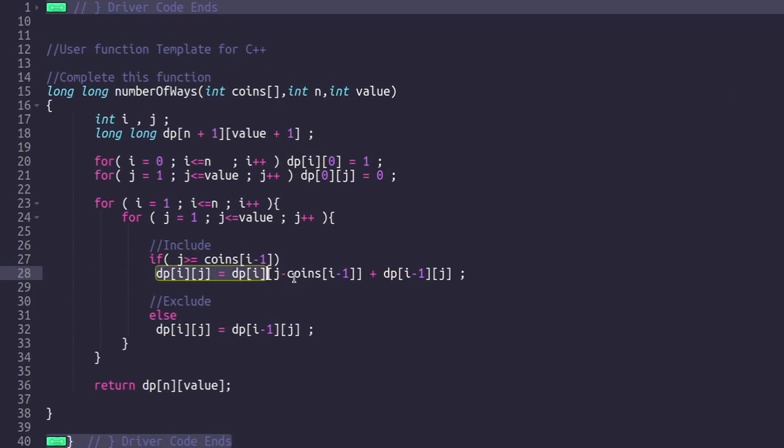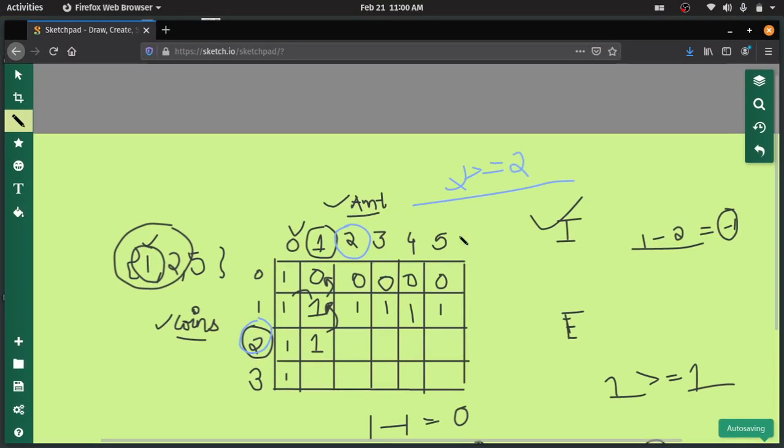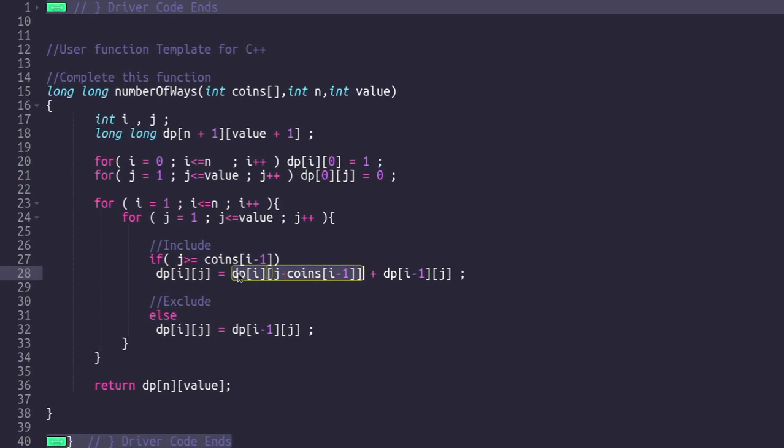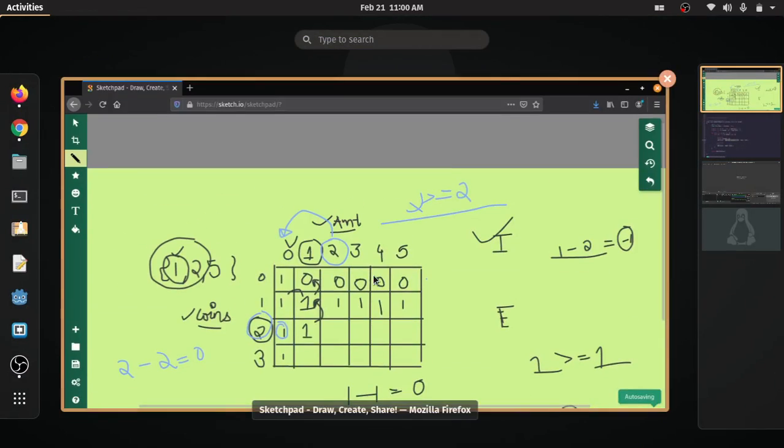Now if you can see, we are adding two values. One value is for when we exclude the coin, and the other is for when we include the coin. First, when we include the coin, this gives me 2 minus 2, which equals 0. Then we land at 0, and when we look for the solution, it is 1. So now the value of this answer is 1, right?